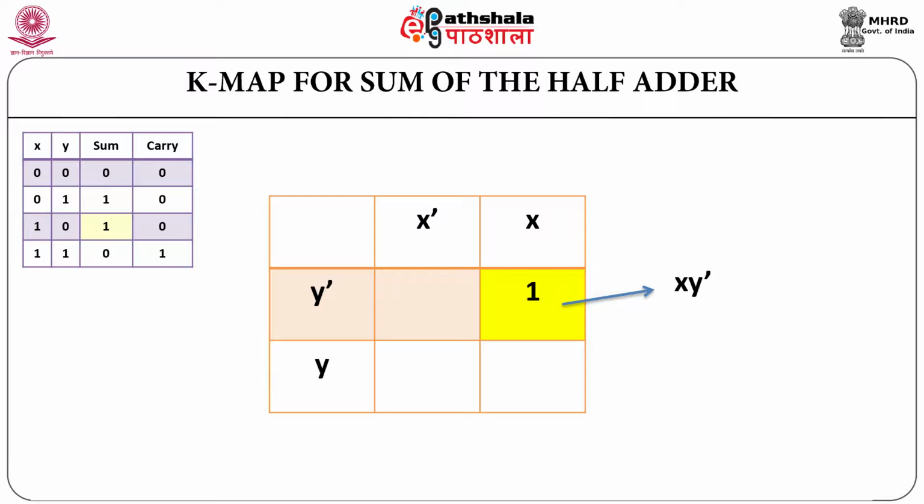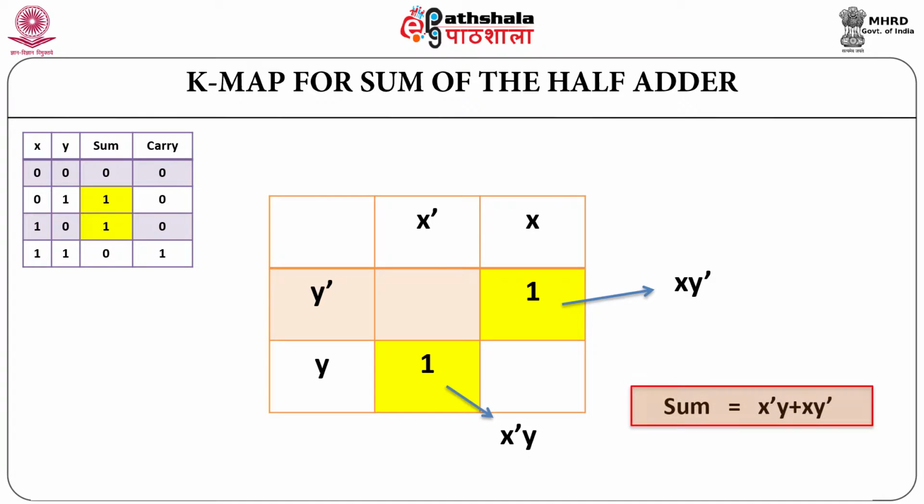The next one in the truth table you will find at the place where it is x' y. The corresponding block is filled with 1. If you write the expression for the sum, then you get x' y + x y'. Effectively, it is the exclusive OR operation of the two variables x and y.